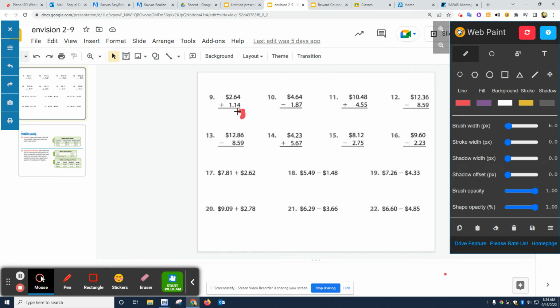Here, let's see if that's better. So 4 plus 4 is 8. 6 plus 1 is 7. I put my decimal in. 2 plus 1 is 3. So my answer is $3.78.